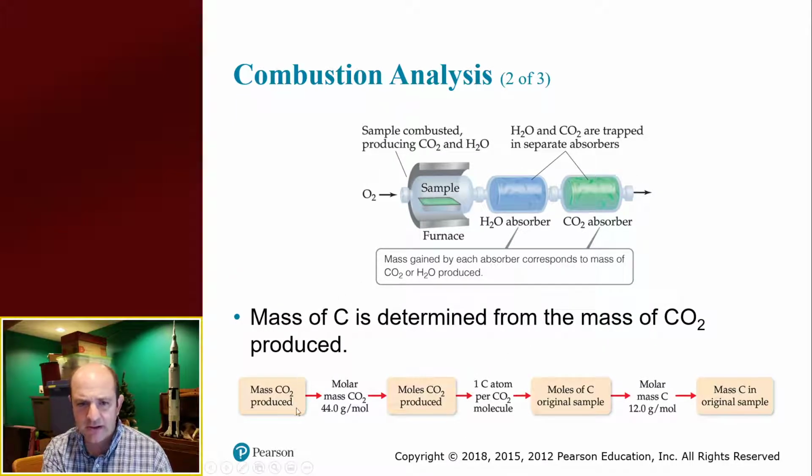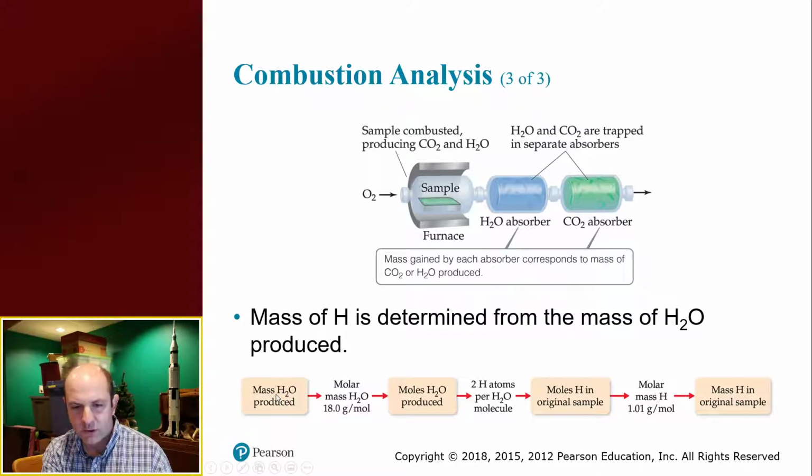All right, so if we break it down just a little bit more, we say, okay, we know how much CO2 is produced. We can use that molar mass to go to moles of CO2. We know that for every CO2, there's 1 carbon, so that's equal. And then if we have the moles of carbon, we can use its molar mass to get to the grams of carbon. All right. Then for hydrogen, same way.